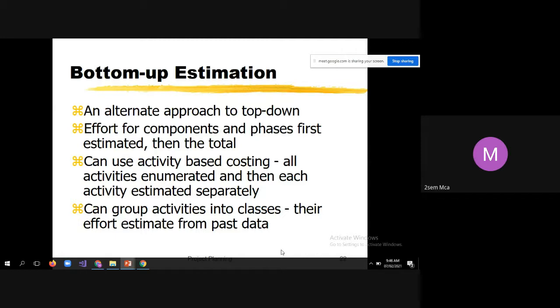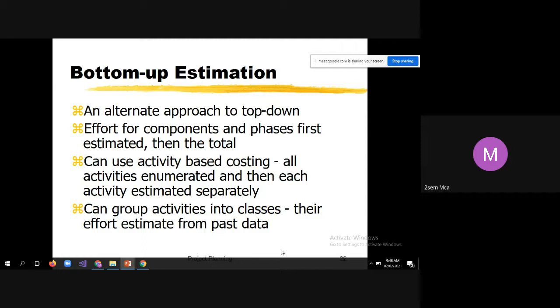So here, first the activities are enumerated, which means you can line up all the activities one after the other in sequence. Then calculate for activity 1 how much effort is required, for activity 2 how much effort is required, like that. So first calculate the effort required for all the activities. You can group activities into classes, with effort estimates from past data.